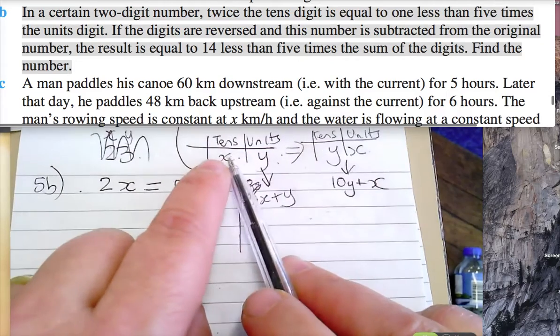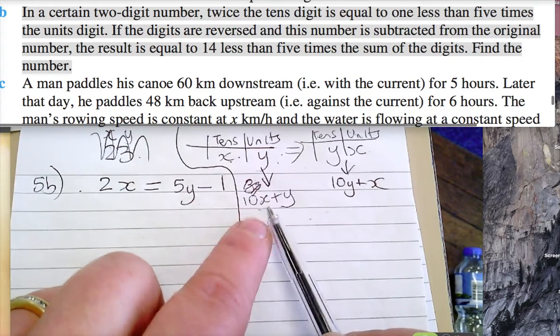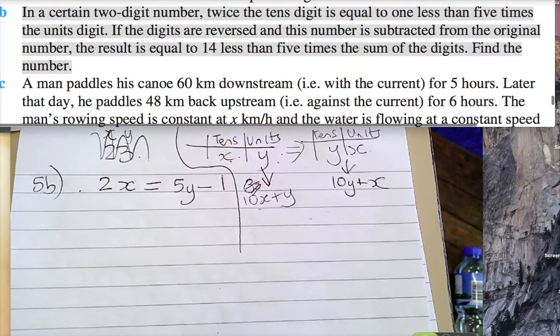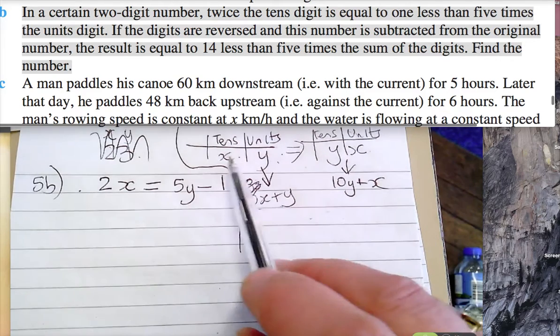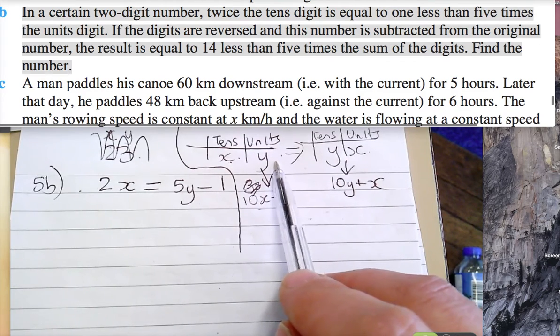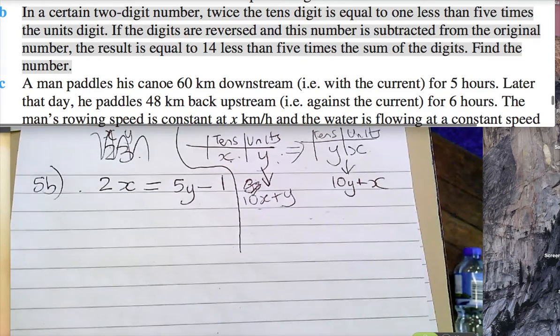So if this was the number 54, wouldn't it be 10 times 5 is 50 plus 4? So, if the digits are reversed and this number is subtracted from the original number, you can't write the number as xy. That means x times y. No, x plus y, if that was 5 and 4, would be just 5 plus 4 is 9.